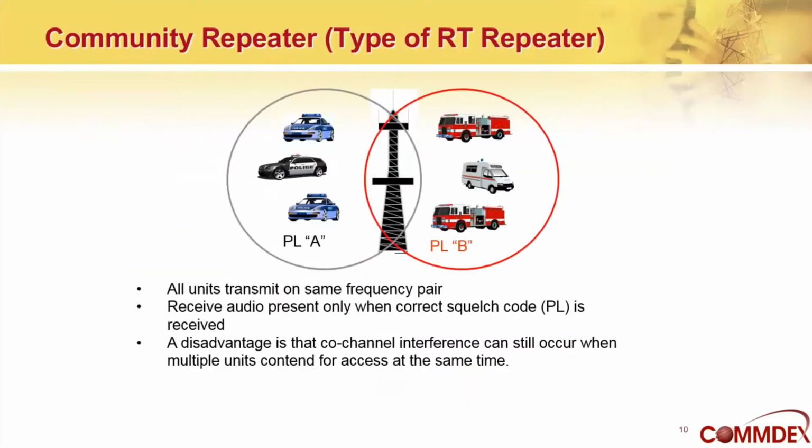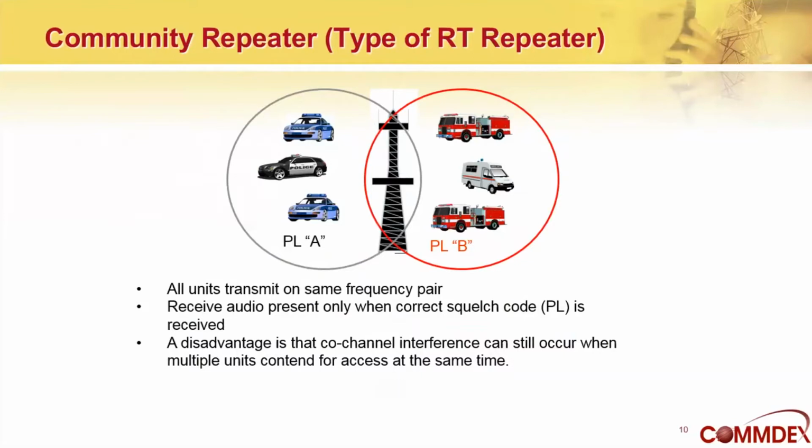Sometimes we have to share a repeater with several user groups. And a repeater that serves several groups of users is commonly called a community repeater. And it's a type of repeater that employs several of these PL codes that pass through it.